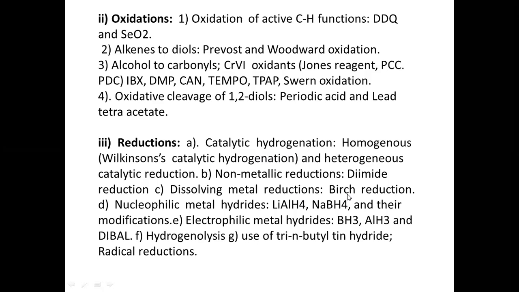Here in this case, metal dissolved in base type of reaction, that is Birch reduction, we are going to discuss. Next, nucleophilic metal hydrides, lithium aluminum hydride, sodium borohydride, and some of the modifications of lithium aluminum hydride and sodium borohydride. Then, electrophilic metal hydrides like BH3, boranes, alanes, AlH3, and DIBAL, diisobutyl aluminum hydride.